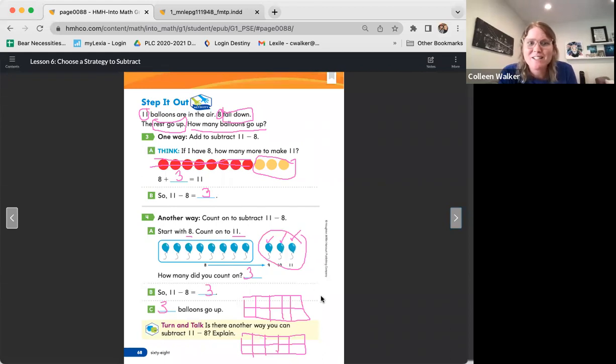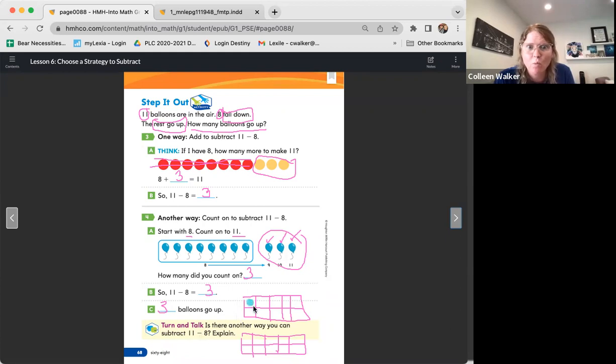All right, so let's try Monkey's idea. So 11 minus 8. Remember how to do this to make a 10? So we know that 8 is close to 10. So let's start by drawing 8 circles.